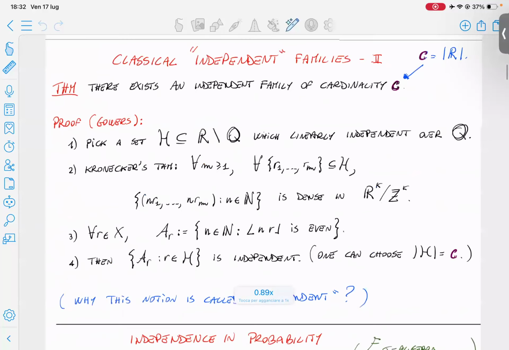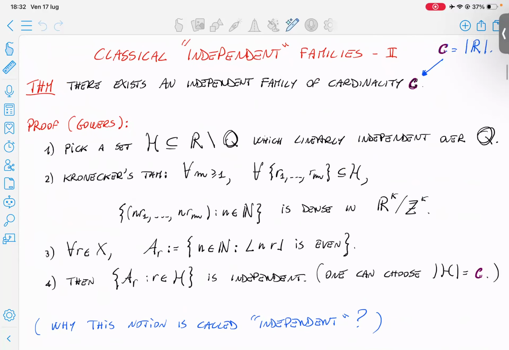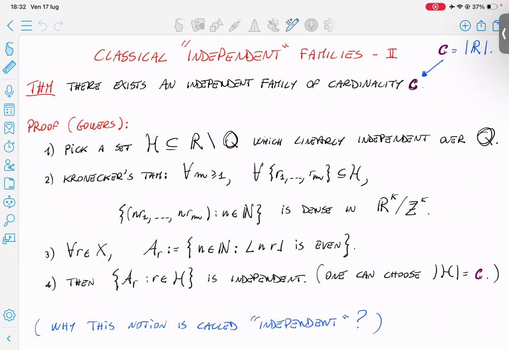First theorem: there exists an independent family of cardinality continuum. There are many known proofs, and this one is due to Gowers. These are just the main ideas, but we only need to fill in the details. Pick a set of irrationals which is linearly independent over the rationals, and we know that there exists such a set, calligraphic H, of cardinality continuum.